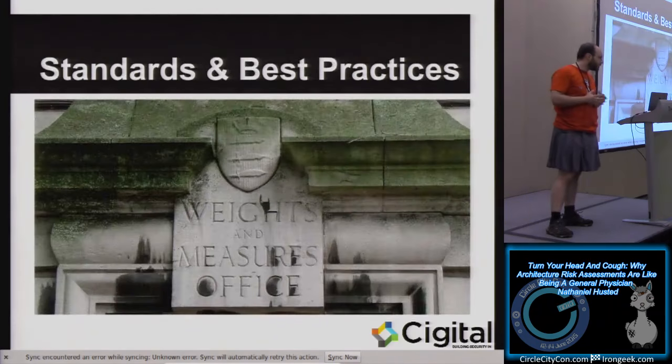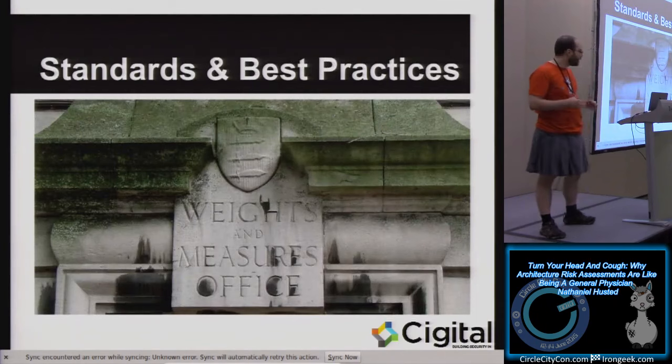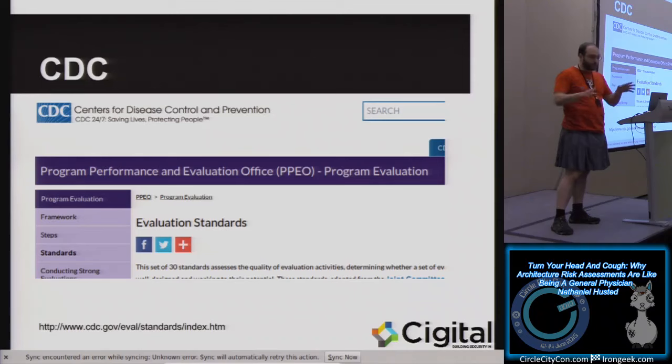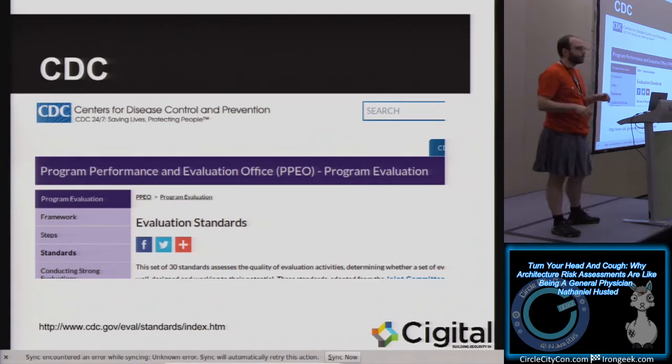And speaking of consistency, there's the notion of standards and best practices. Now, don't get me wrong, we have a few standards, and the great thing about standards is it gives somebody a chance to create their own. But it's not like the medical field, where there are very clear organizations that provide standards for very clear aspects of medicine.